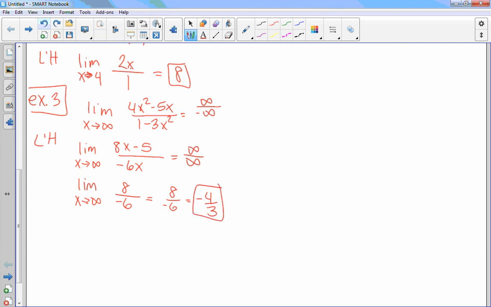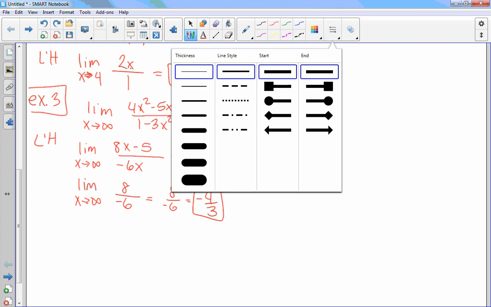Now think about another way. Think about the way we learned how to do this problem earlier in the year. This only works with the infinity when this goes to infinity. John, what did you guys do? We did the power, the end behavior model. So there's another proof that this works.